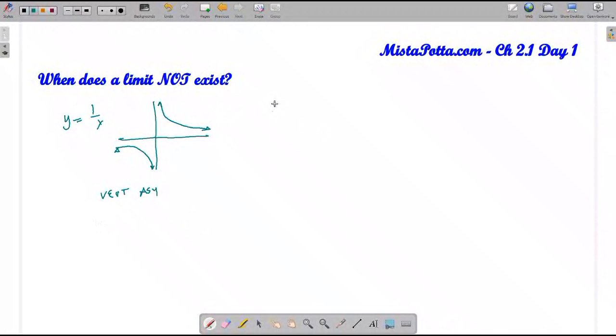Similarly, I could look at something like y equals the square root of 4 minus x squared. This is really the top part of a circle. So if I take a look at this graph, I know I've got the top part of a circle of radius 2.